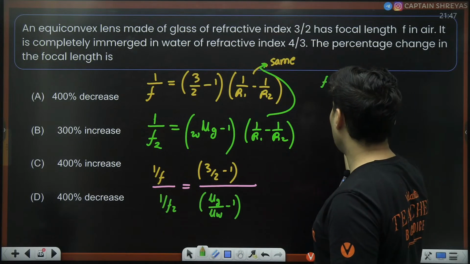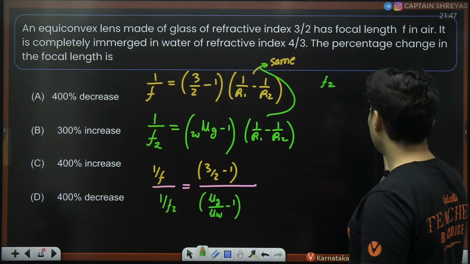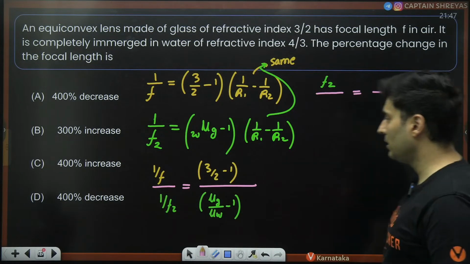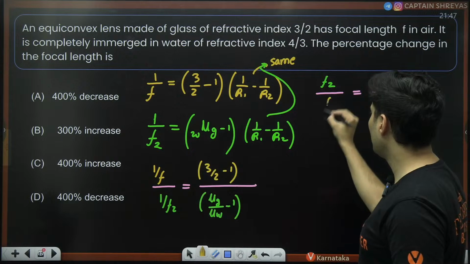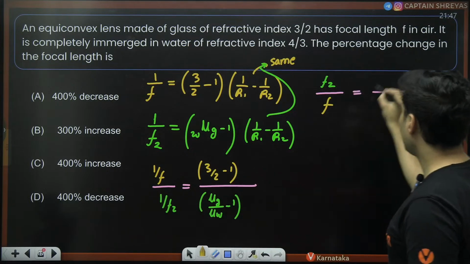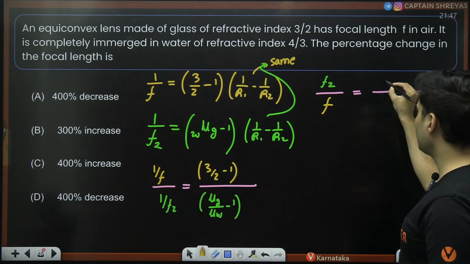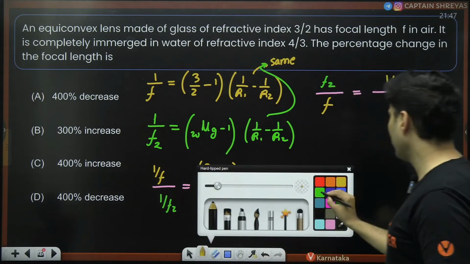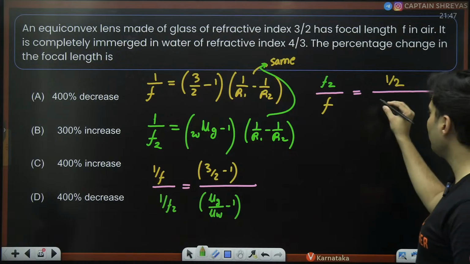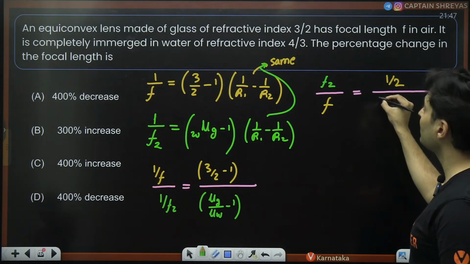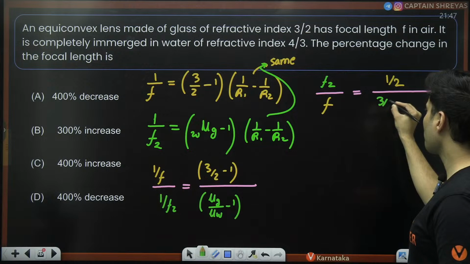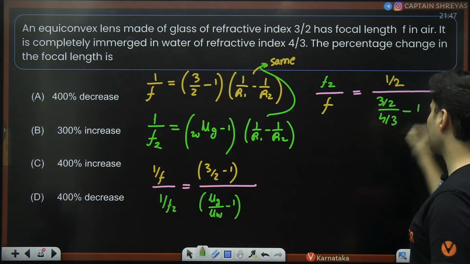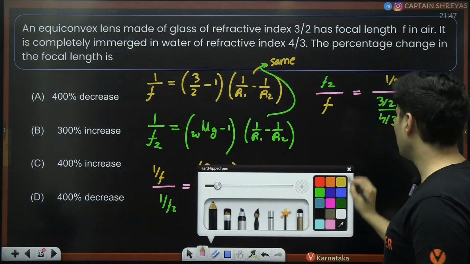So F2 will go on the top, and F will go over here. 3 by 2 minus 1, 1.5 minus 1 is half. So it is basically just half over here. Glass's refractive index is given, it is 3 by 2, by water's refractive index 4 by 3 minus 1. That's it. Now you just have to solve it.